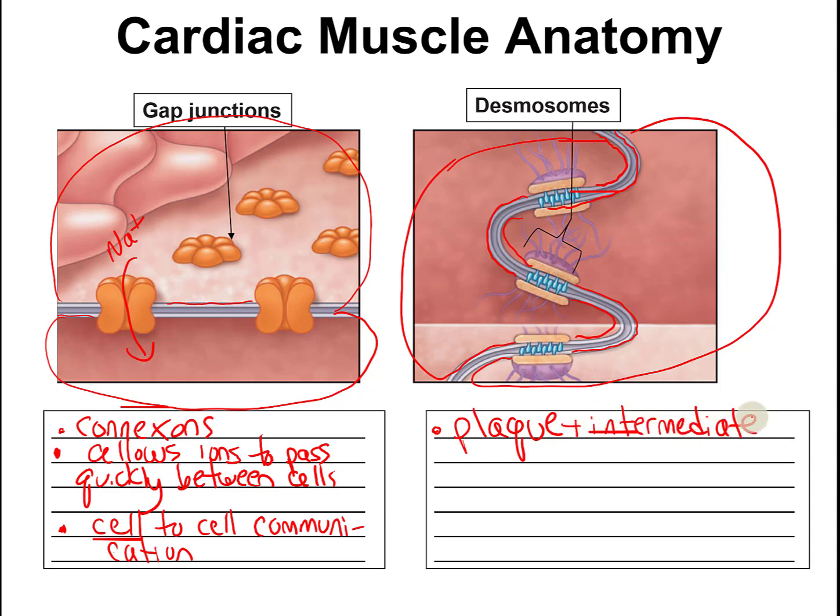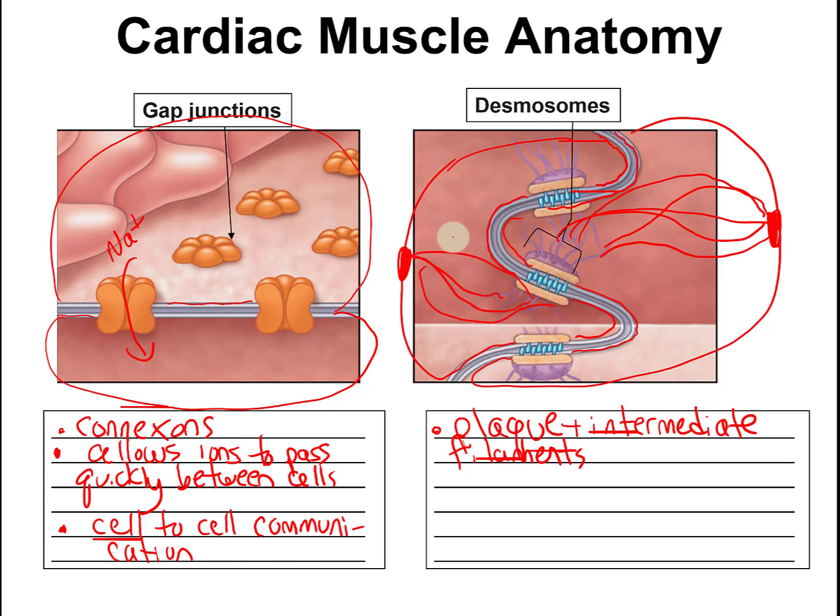And you probably talked about these in biology. The intermediate filaments connect to another plaque on the other side of the cell, and there are other intermediate filaments connecting kind of like this, okay? So, if I said to you, and it's on this cell too, what does it look like its function is?